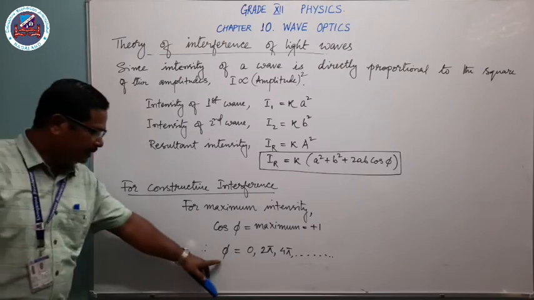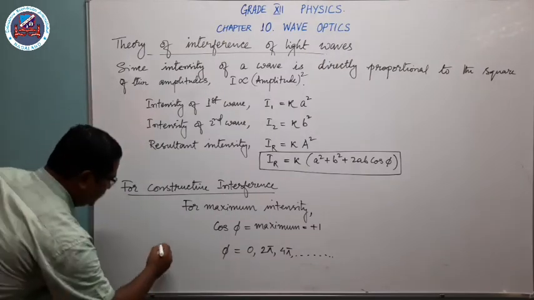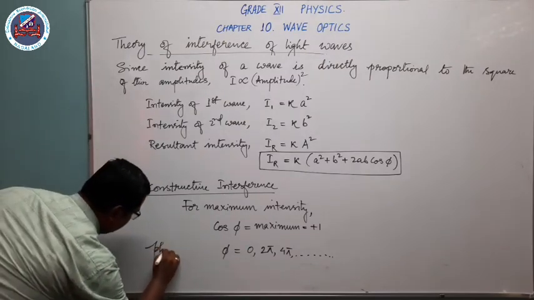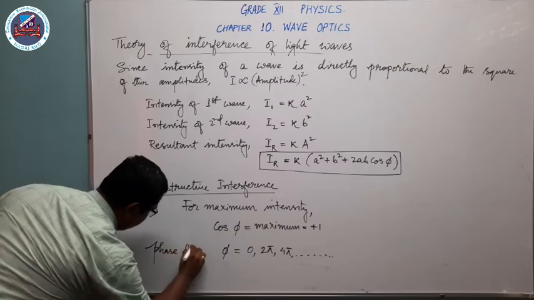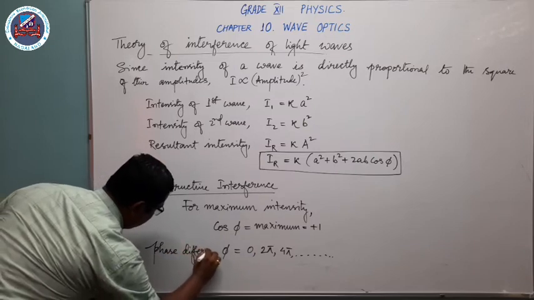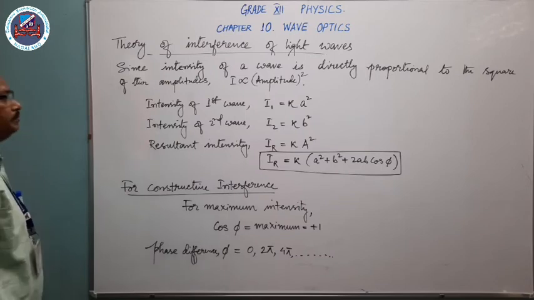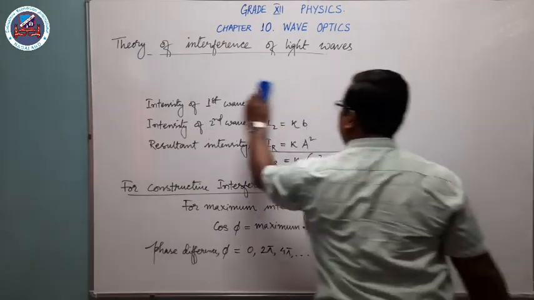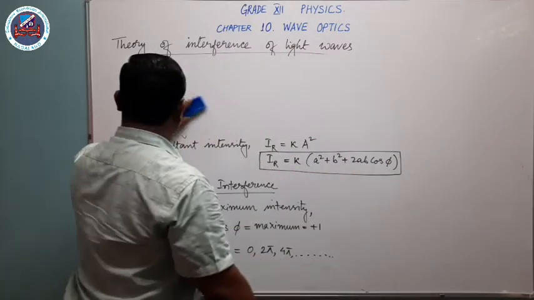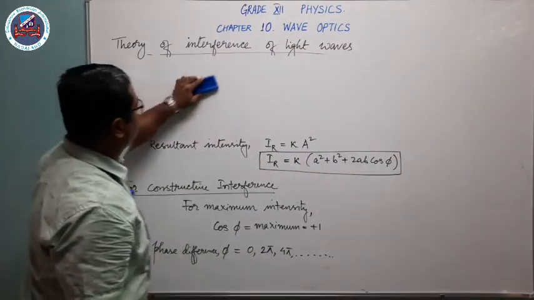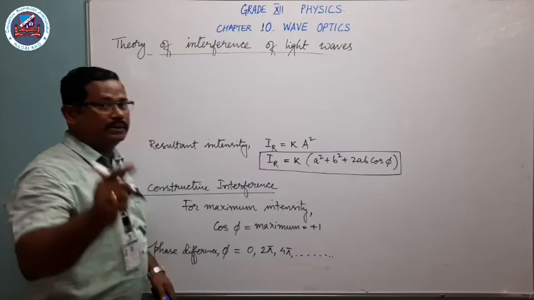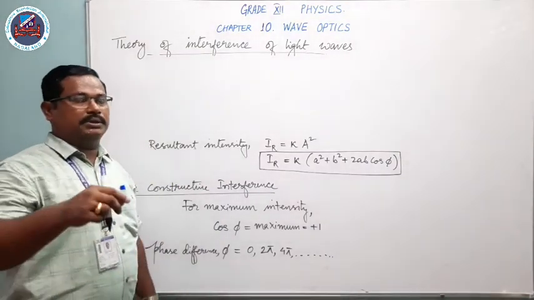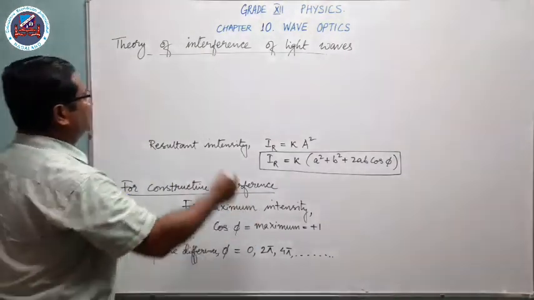And this gives us the phase difference. This is your phase difference phi. Now after getting your phase difference, your class 11 concept will be using relation between path difference and phase difference.